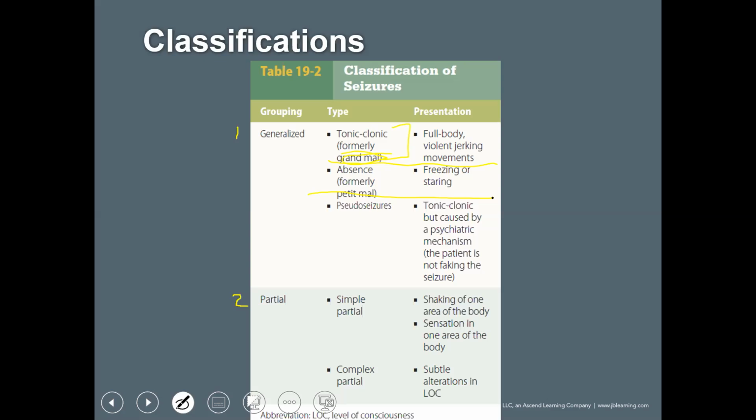And then we have pseudo seizures, which are actually called psychogenic non-epileptic seizures. And we're going to talk a lot more about those, because I'm really tired of people just saying, well, it's not a true seizure, they're faking it, and that's a pseudo seizure.